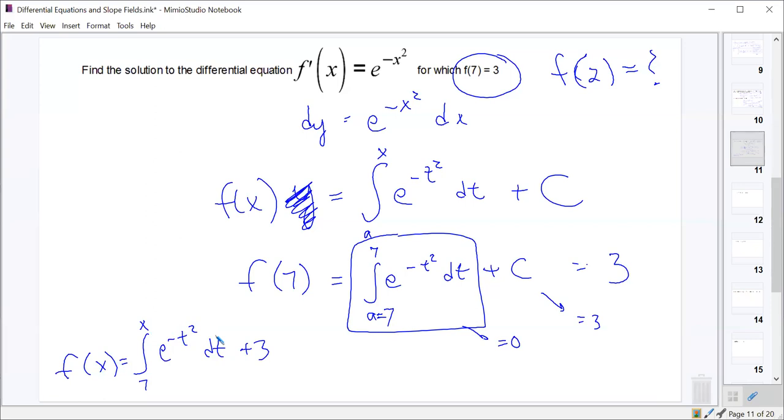But didn't you make an assumption that 7 was the constant? Aren't you limiting yourself by doing that? We're limiting ourselves by the starting point of this integral, but couldn't I still find f of 2 by plugging in 2 up here and integrating from 7 to 2, or find f of 1 and integrate from 7 to 1, or to find f of 3 million, I could integrate from 7 to 3 million.